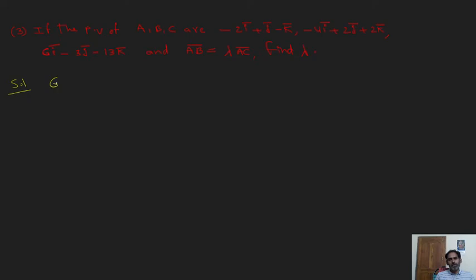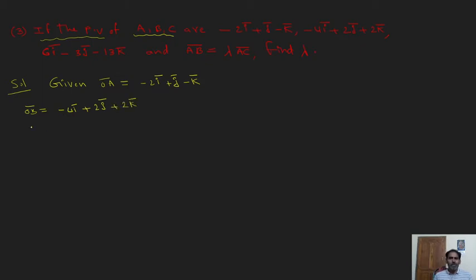Here, position vectors of A, B, C are already given, denoted by OA bar. So OA bar equals minus 2I bar plus J bar minus K bar. Next, OB bar equals, position vector of B is denoted by OB bar, minus 4I bar plus 2J bar plus 2K bar.